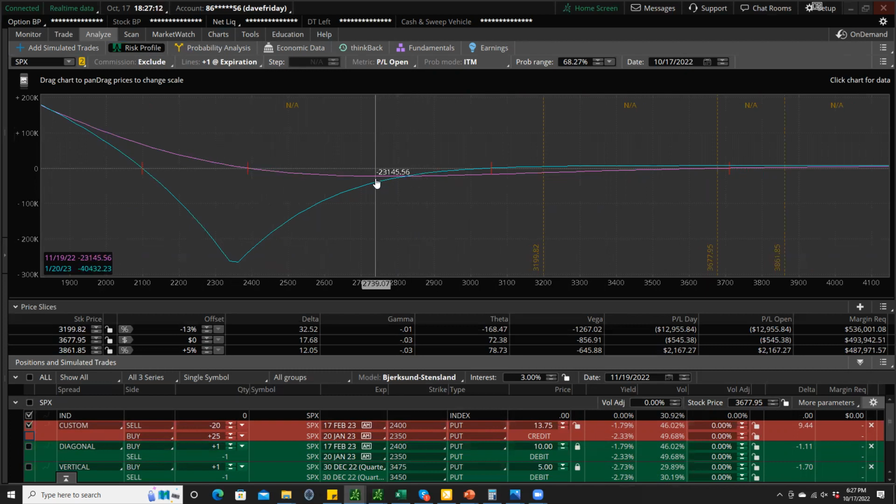Any other place than this point right here, anywhere along this magenta line, is better. Okay. So 13 generally is where that is, and that's why I use 13. 5% is generally how far we go up. So over a 40-day period, 40 to 45 days, that's pretty common, 5, maybe 6%. So that kind of gives us an idea of where we can make our money. So that's what this is.